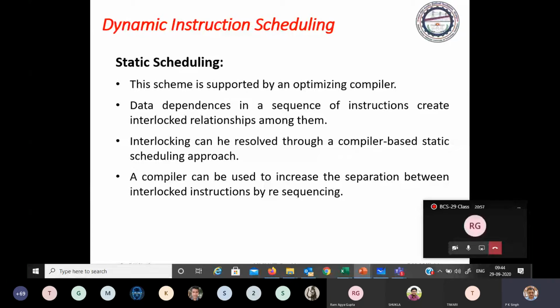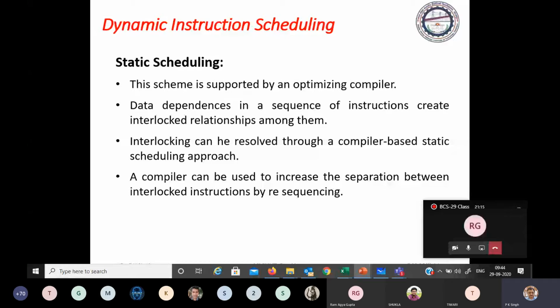In that case, that scheduling is called static scheduling. Okay, if you schedule the instructions for execution at the time of the execution, then that is dynamic scheduling.